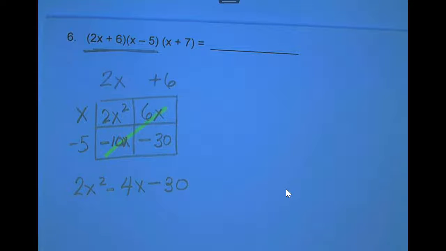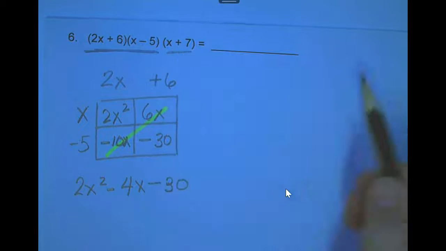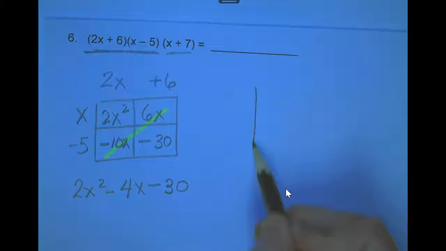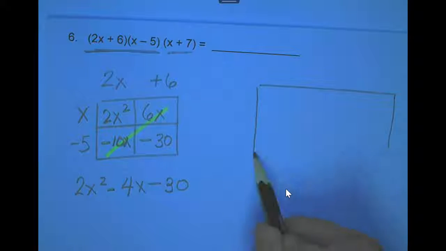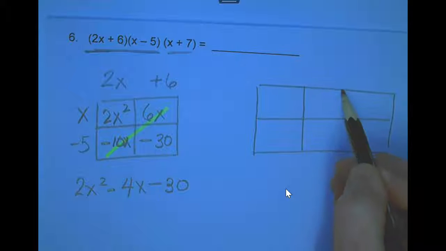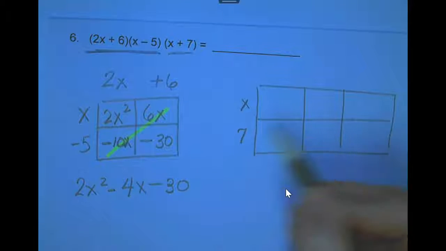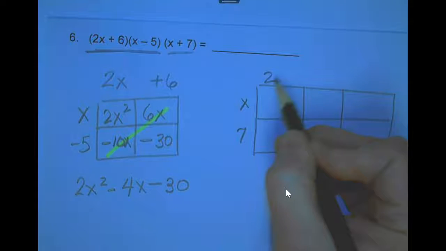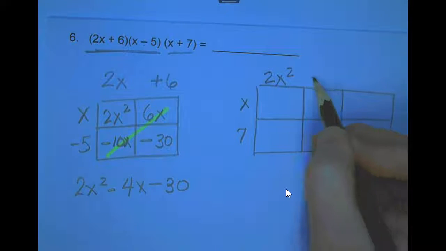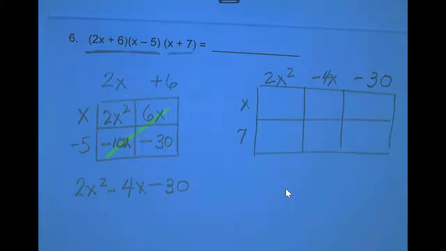But what else do we have? We still have this term right here, so we need another box, because we're going to make another multiplication. Once again, this is why the box problem is good, is because I can multiply a binomial times a trinomial.